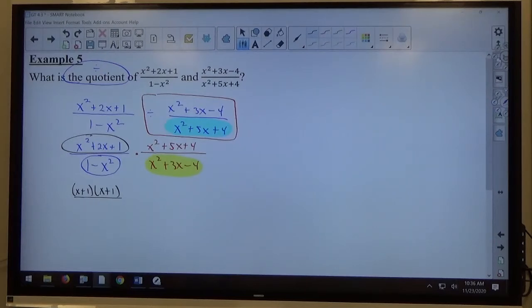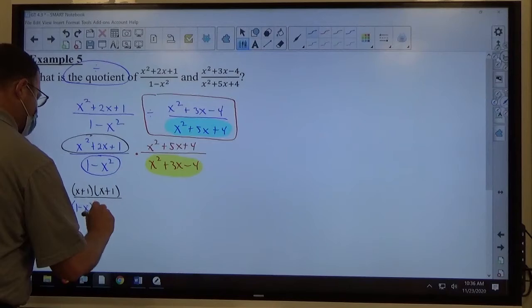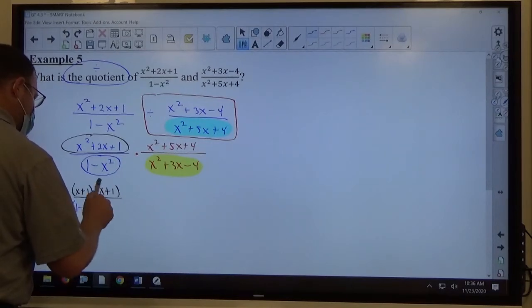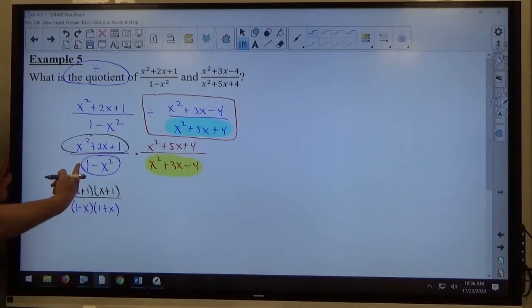Those are difference of 2 squares, difference of 2 cubes, sum of 2 cubes. As you can see, 1 squared, x squared, opposite signs, so this is difference of squares. So that factors to 1 minus x times 1 plus x. And the 1's are in front because 1's in front. The x is in the back because x squared's in back. So make sure that the order is correct.